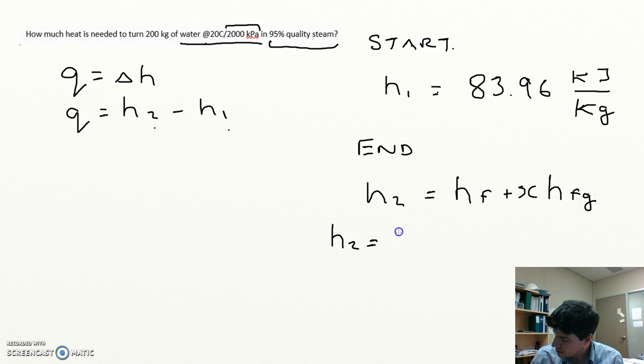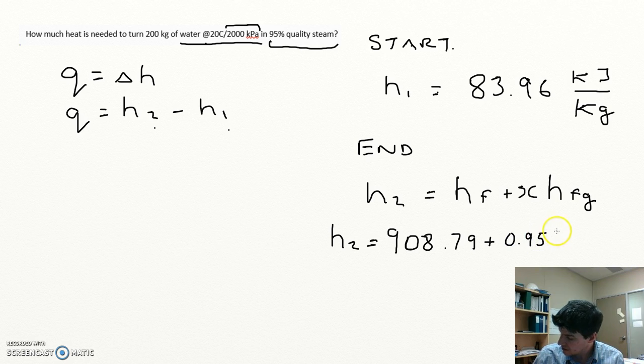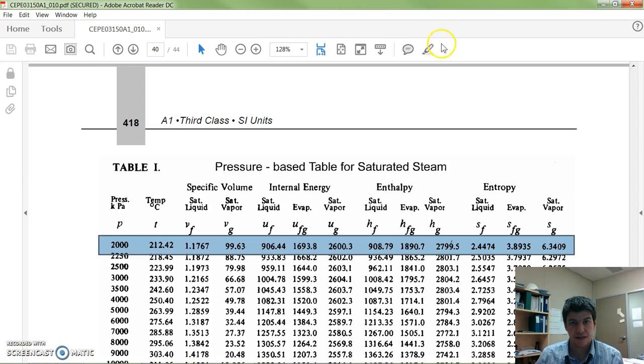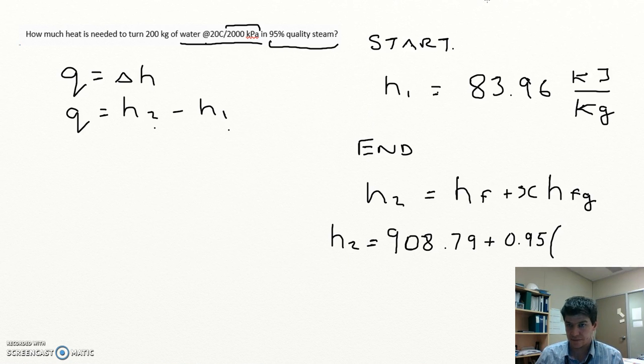So H2 is 908.79 plus my X, which is 0.95, and that's going to be multiplied by my HFG value. So if I bring this back up, what I can see is in the same 2000, HFG is 1890.7.